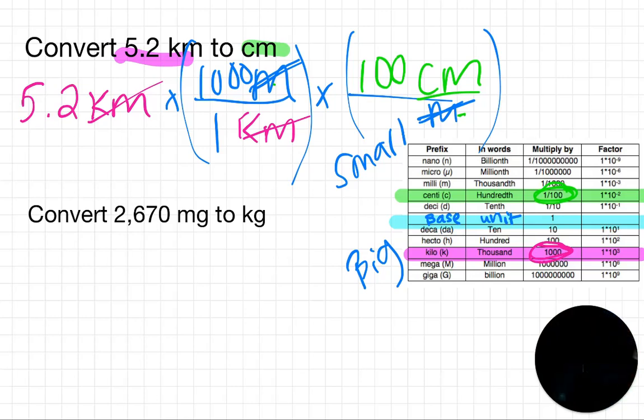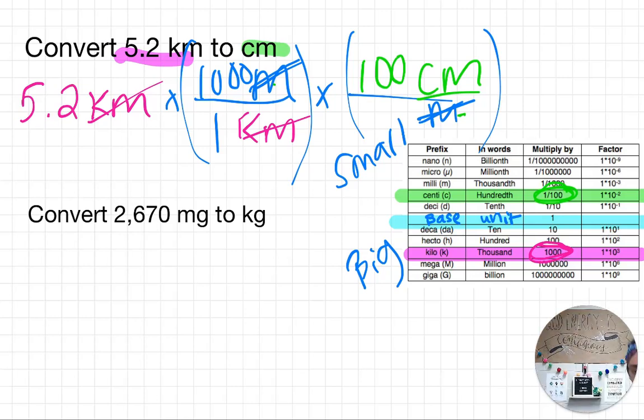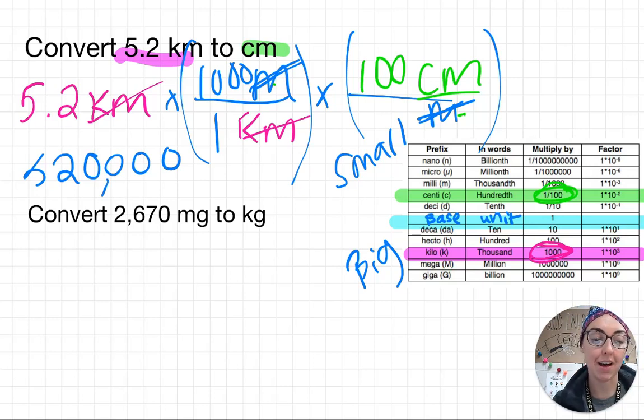So our end answer there, we have 520,000 centimeters. So when we convert 5.2 kilometers to centimeters, it's 520,000 centimeters.